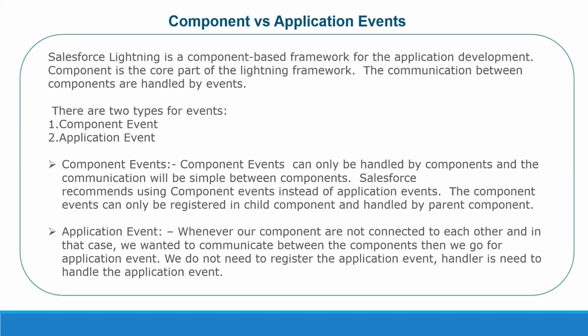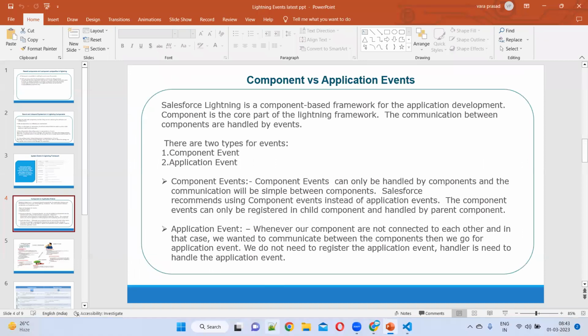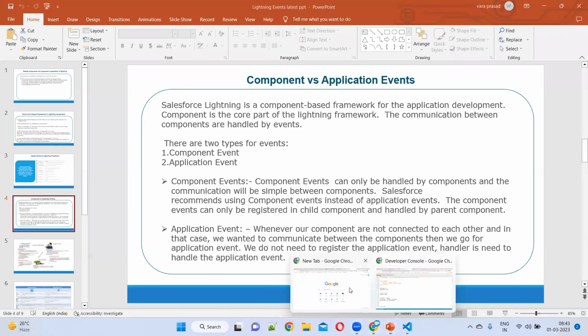If there is no connection between the two components, and you still want to pass data from one component to the other, which events do you have to use? Application events. Okay, I'll give a simple syntax example.